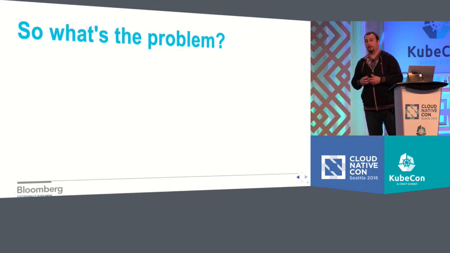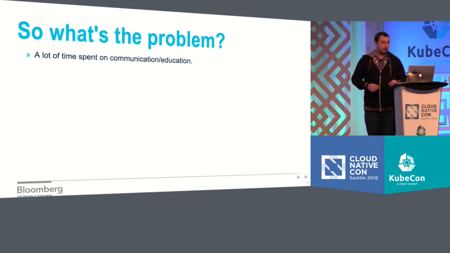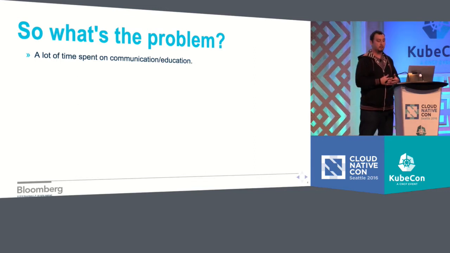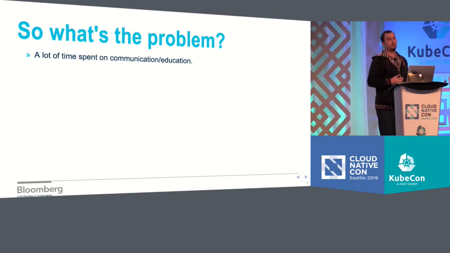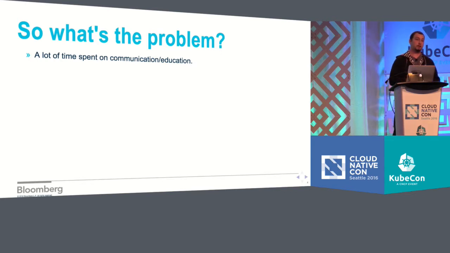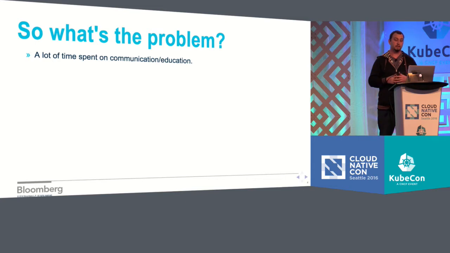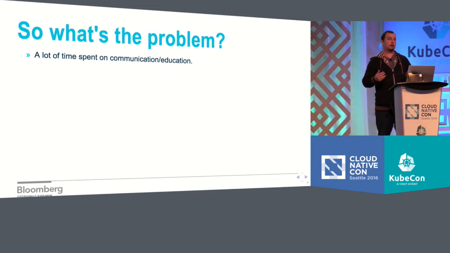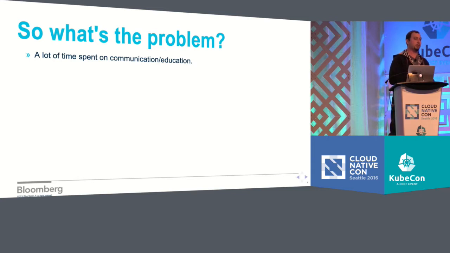So what's the problem with that? We create these methods and standards, and a lot of time is spent communicating with the teams, describing how they should go about doing things. We're not necessarily setting things in stone, but we spend a lot of time on training and education.